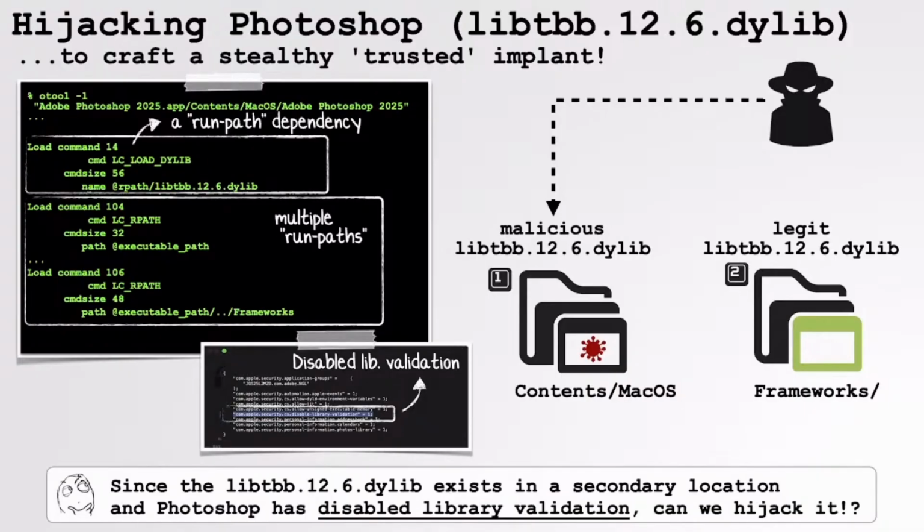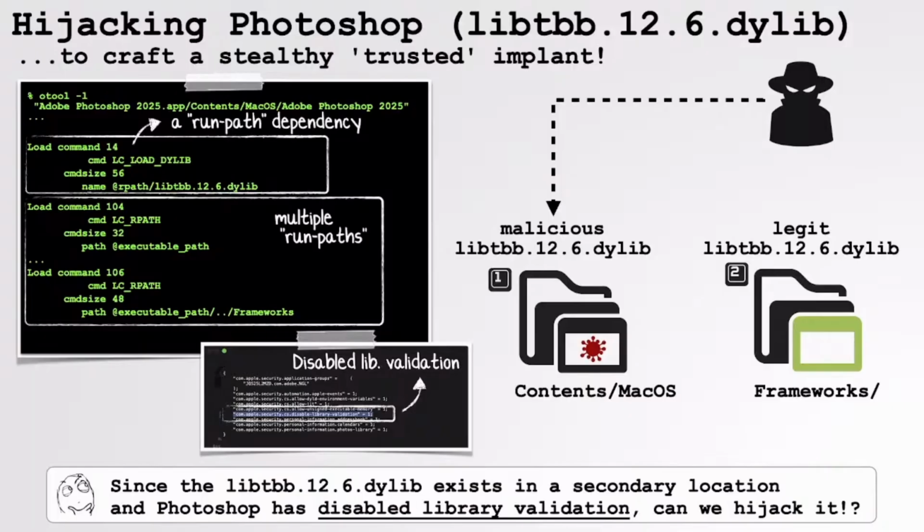If we use otool with the lowercase l flag to dump the load commands, we can see it conforms to what we're looking for in terms of being vulnerable to Dylib hijacking. Specifically, it has a run path dependency on a library called libtbb.12.6.dylib. And looking further, we see it has multiple run path search directories.